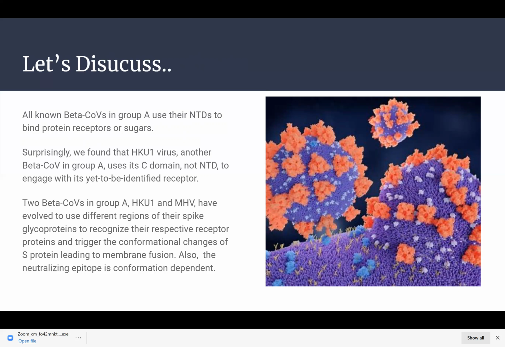Also looking at the conformation dependency, that means if the conformation can be changed so that the C domain is opened up and purified for the HKU1, it will neutralize the HKU1 much better than previously detected.